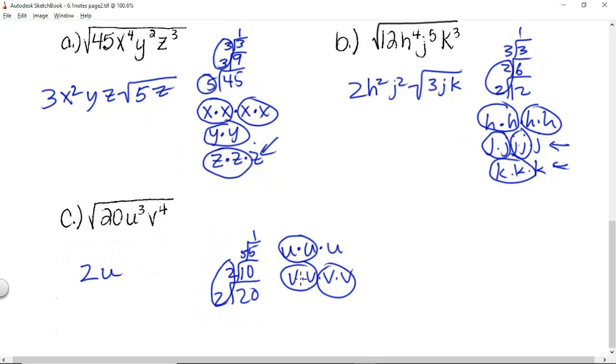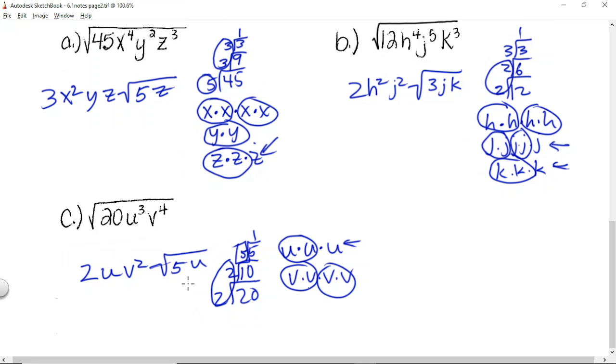And for v, we actually have 2 groups of v. So we got 2 v's out here, 1 from each group, and that's v squared. So 2u v squared. Inside the radical, you have this 5 that was left over, and then you have this u that was left over, so 5u.